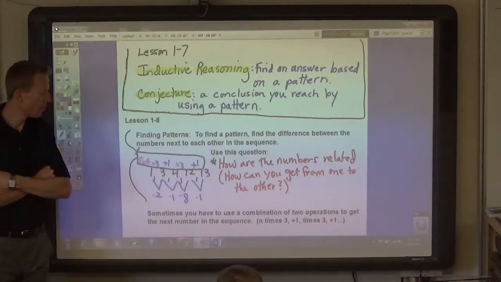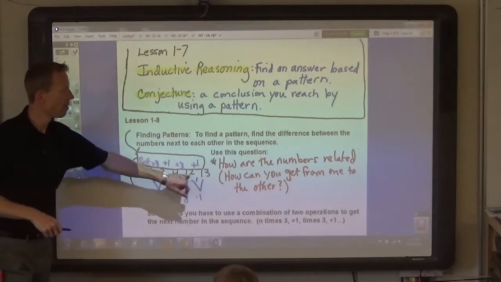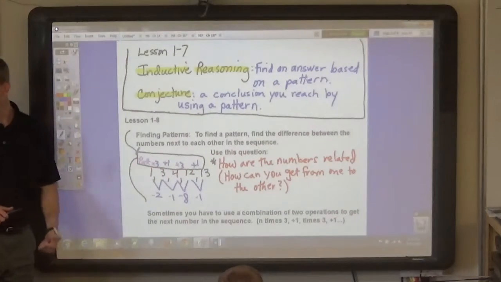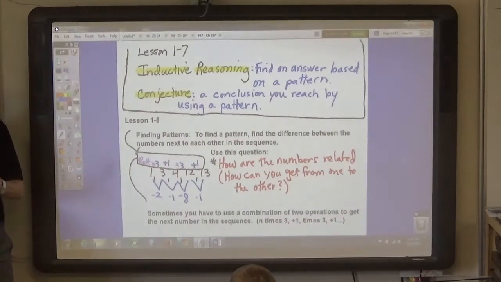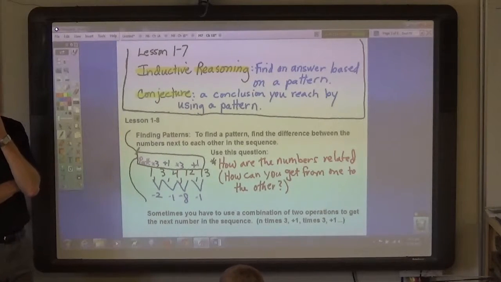Then it's listing the numbers. So they're not these numbers. They're 1, 3, 6, 10.